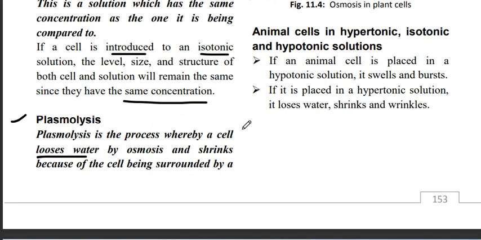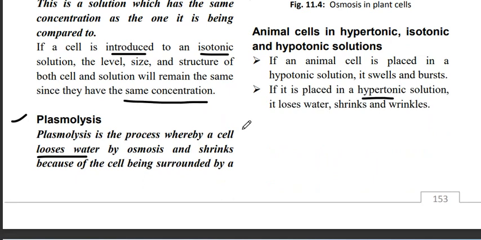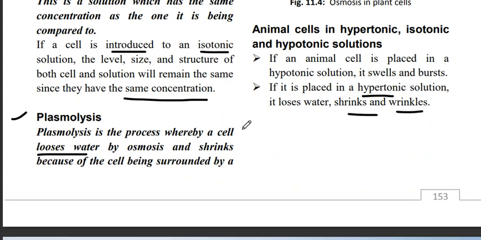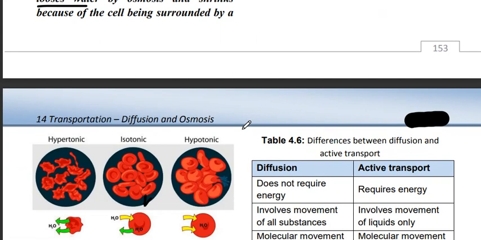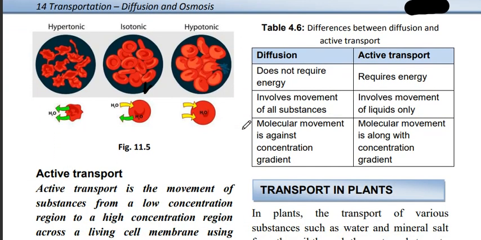Animal cell in hypertonic, isotonic, and hypotonic solution. This is the same as the plant cell. If an animal cell is placed in a hypotonic solution, it will swell up and burst. If it is placed in a hypertonic solution, it will lose water, shrink, and wrinkle.